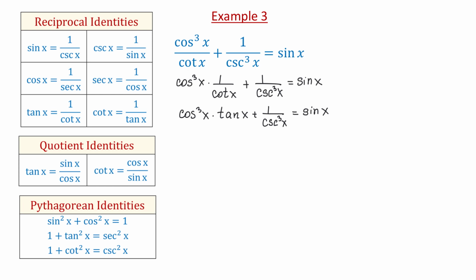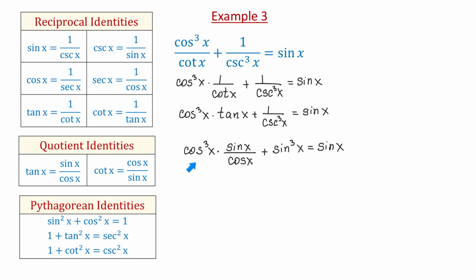For this, I will replace tangent with sine over cosine and 1 over cosecant cubed of x with sine cubed of x. Then we will have cosine cubed of x times sine of x over cosine of x plus sine cubed of x equals sine of x.